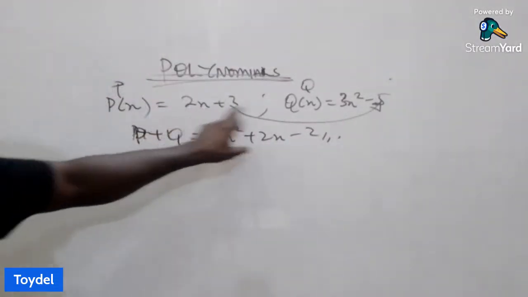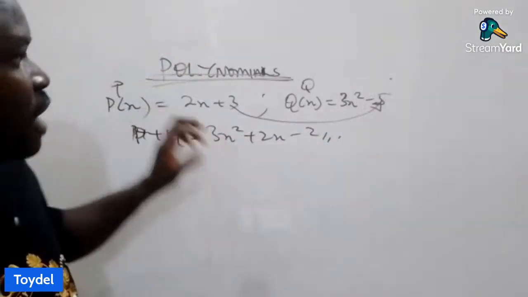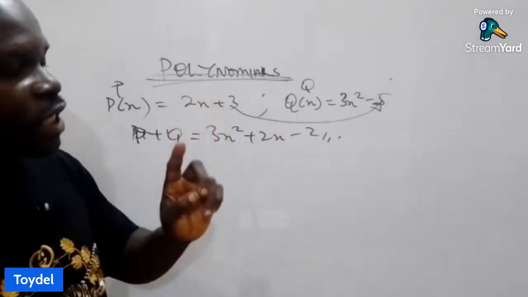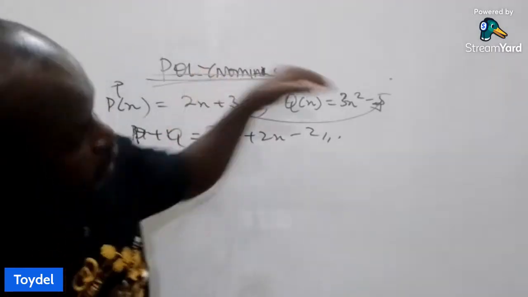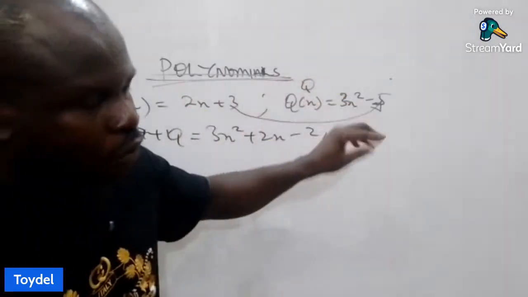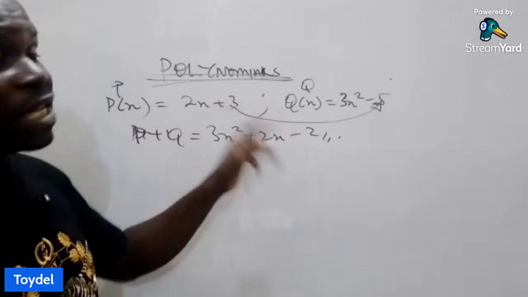We don't have anything as coefficient of x here. But the basic idea under addition and subtraction of polynomials is that you look at the degree. If you have x raised to power 10, the other one also has x raised to power 10, you add them together. If it doesn't have raised power 10 in the other one, you leave it like that. You only add or subtract polynomials with the same degree.